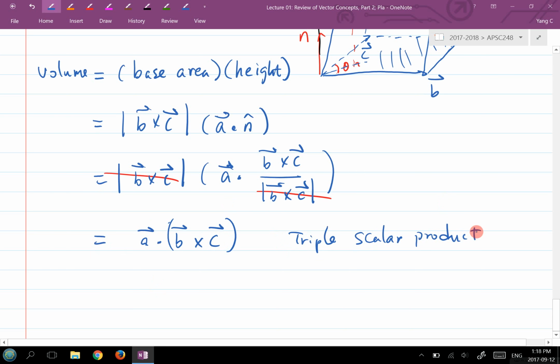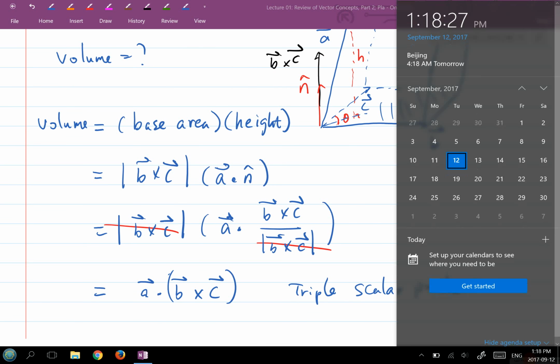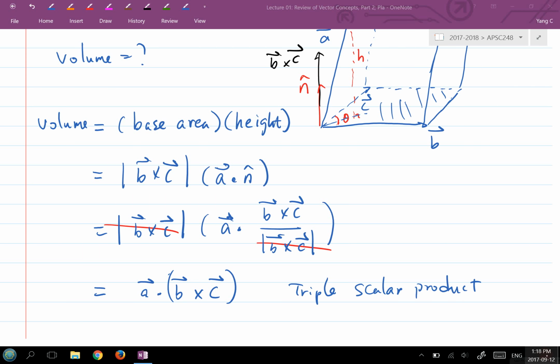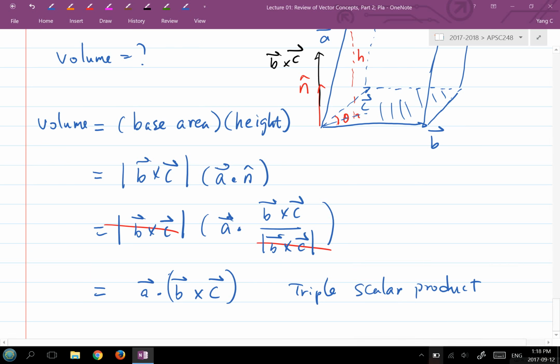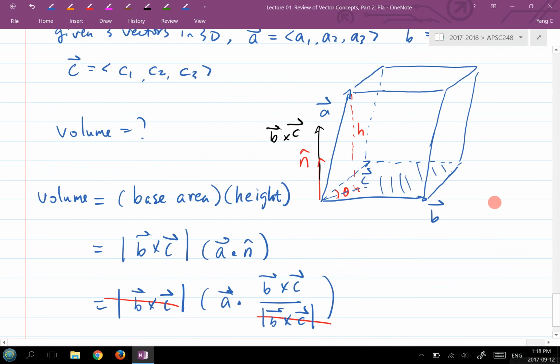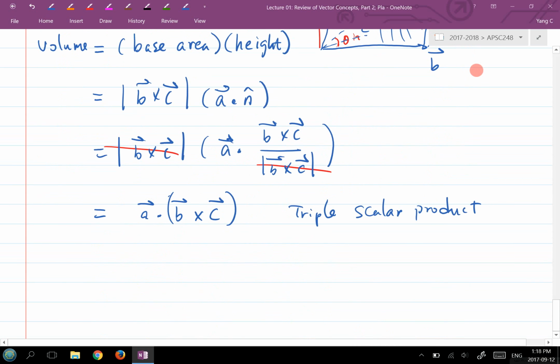And the result here is derived by using the base area formed by B and C. You can imagine if you want to choose a different base area, you can choose a base area formed by A and C, or a base area formed by A and B. And then of course you will get the same volume, and expression-wise it will be slightly different.